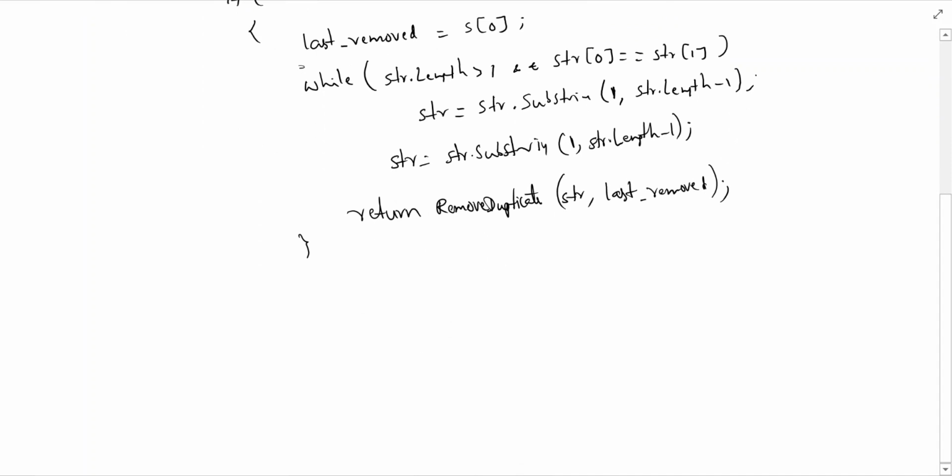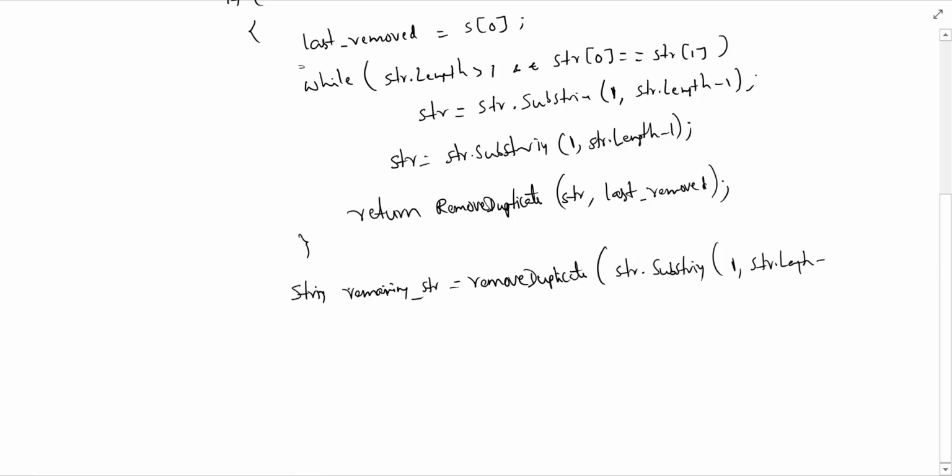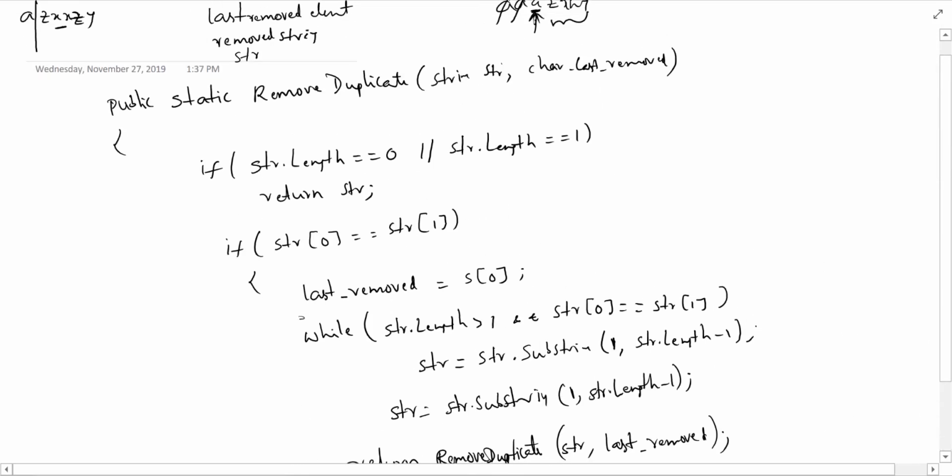So you just have to store the remaining string equal to remove duplicate of, we need to omit the first character and the last removed. This will keep going on. So this will go on, this will go on, and at the edge case it will exit.